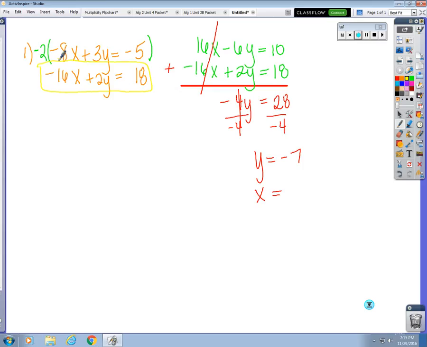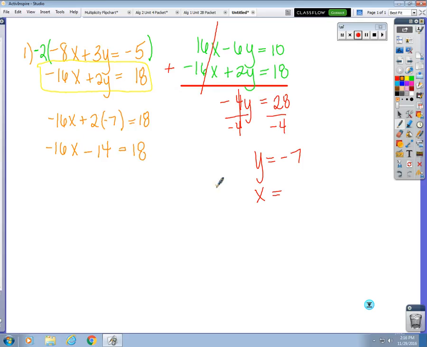Okay, so if we're plugging it into that one, it's negative 16x plus 2y equals 18. But why did I not write that y beside the 2? Because I know what y is. It's negative 7. So now this equation becomes negative 16x minus 14, because 2 times negative 7 is negative 14, equals 18.